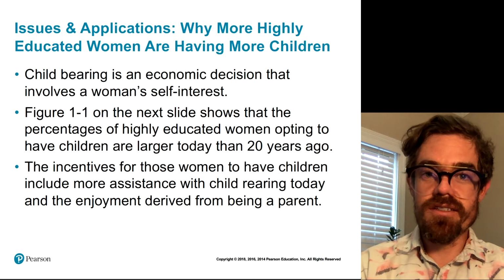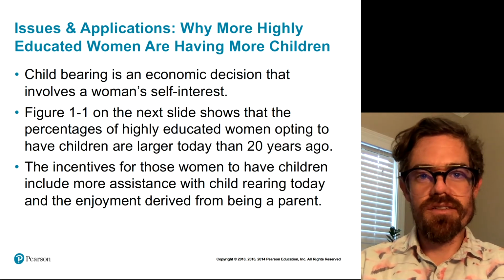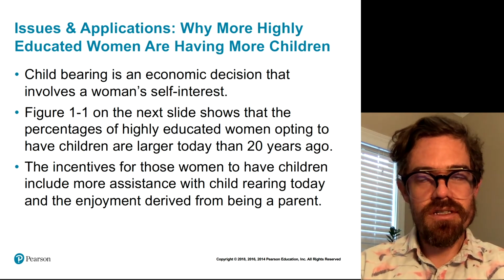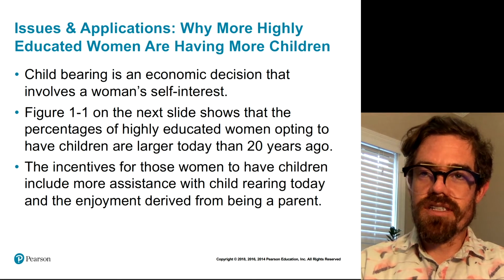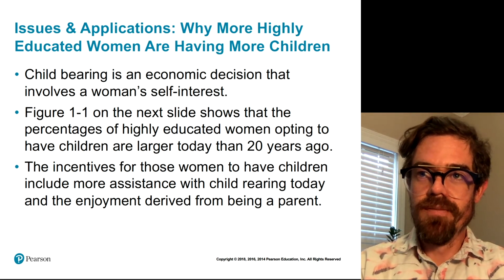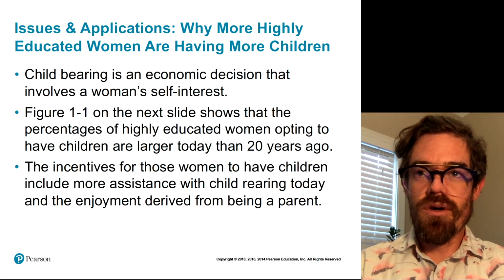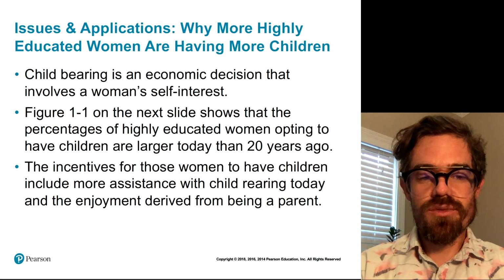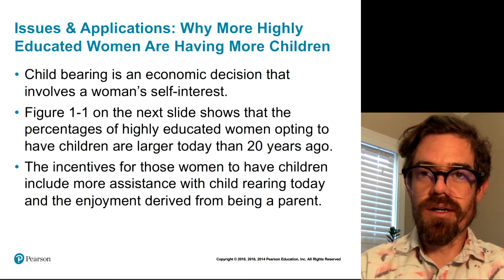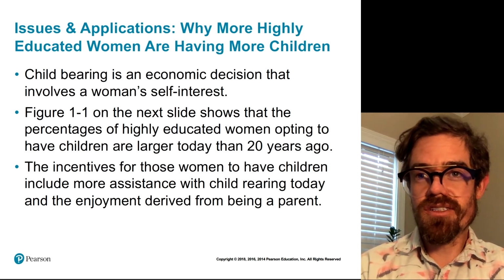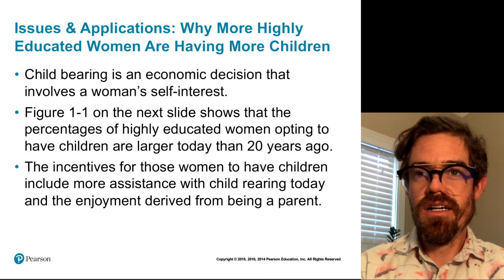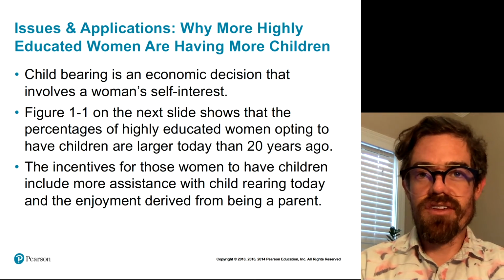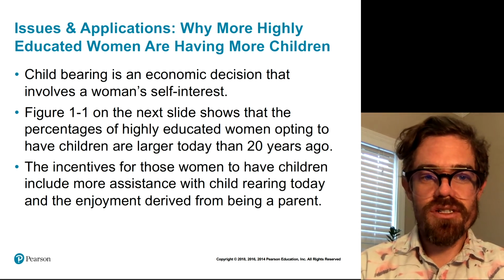So we talked about incentives. Well, what are the incentives for these types of women to have children? And what are the incentives for these types of women to not have children? So I want you to post in the discussion forum what you think their incentives were, what they could have been, just tell me what their different incentives were for either having children or not having children, and indicate which is which.